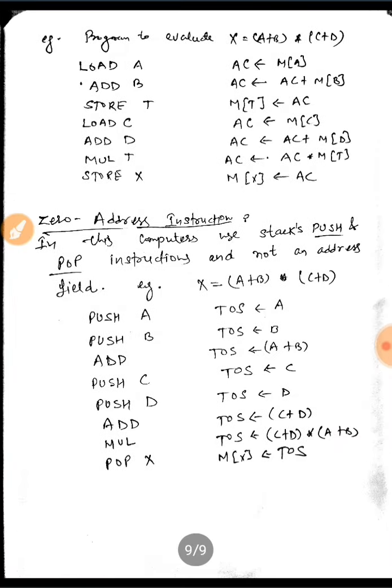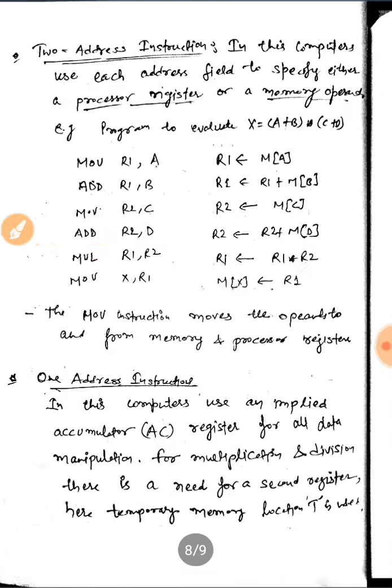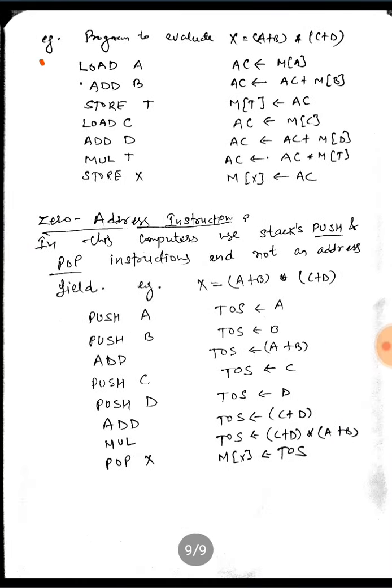As you can see in this equation, this is the shifting operation, LOAD A, that is I am initializing my accumulator.